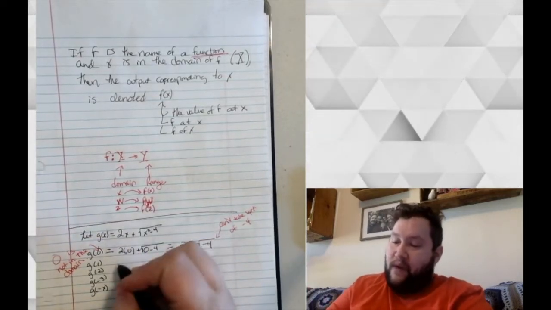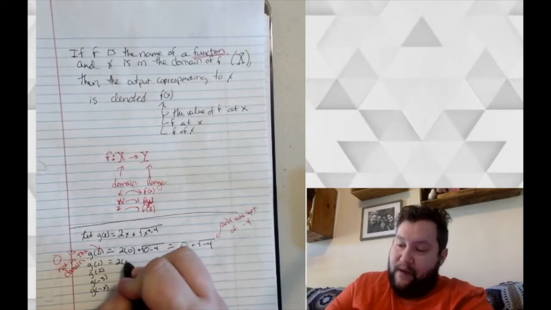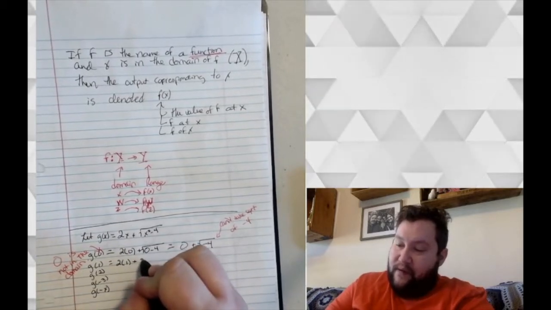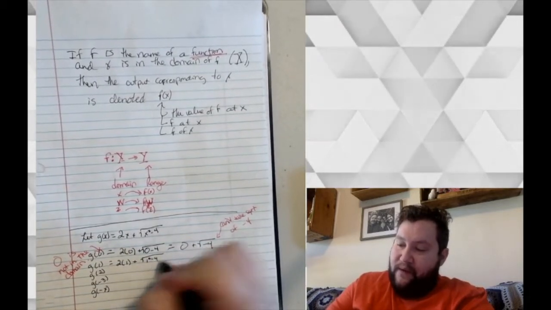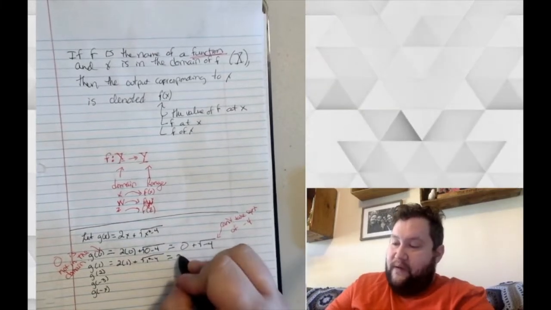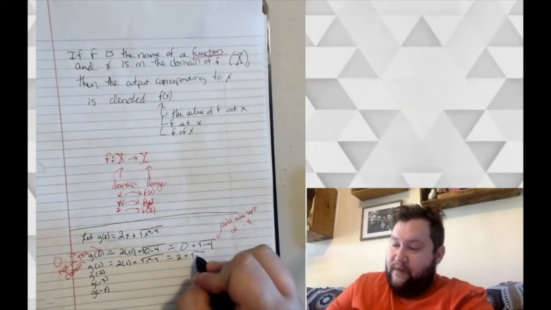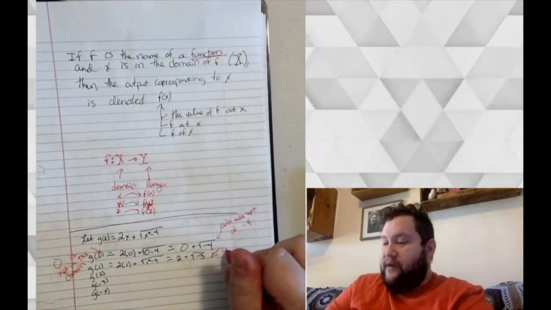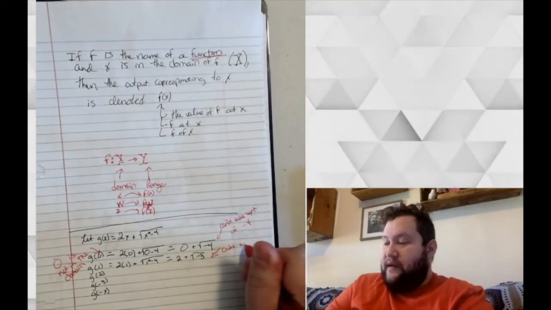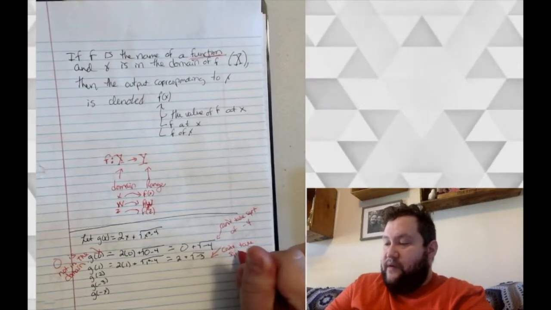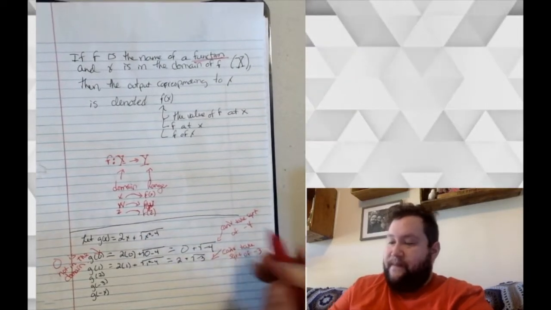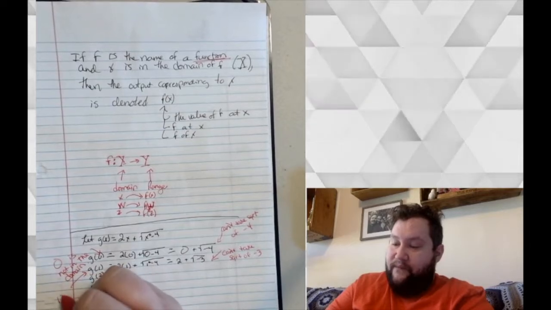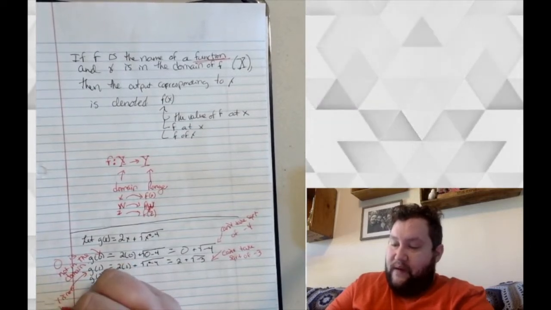So what about g of 1? Well, so we get 2 times 1 plus the square root of 1 squared minus 4. We get 2 plus the square root of negative 3. Well, we still can't take the square root of negative 3. So 1 is not in the domain.